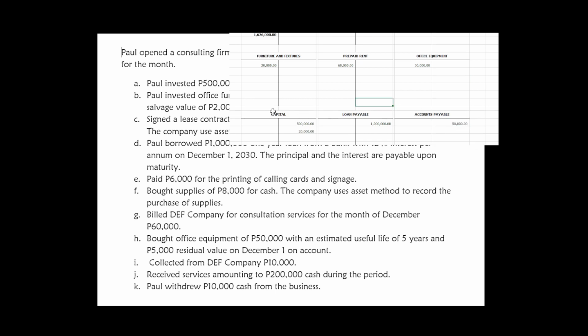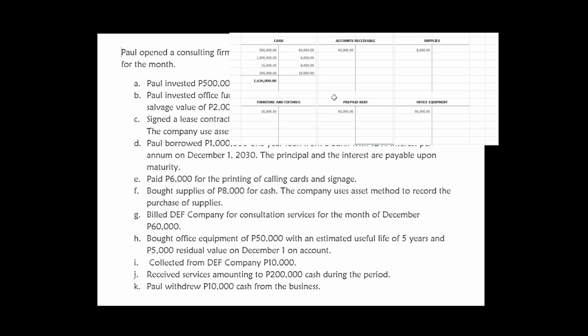Okay, so yan. And then next transaction, collected from DEF, 10,000. Nakakollect tayo. So, debit tayo ng cash, 10,000 and credit tayo ng accounts receivable of 10,000. Next, received services amounting to 200,000 cash.